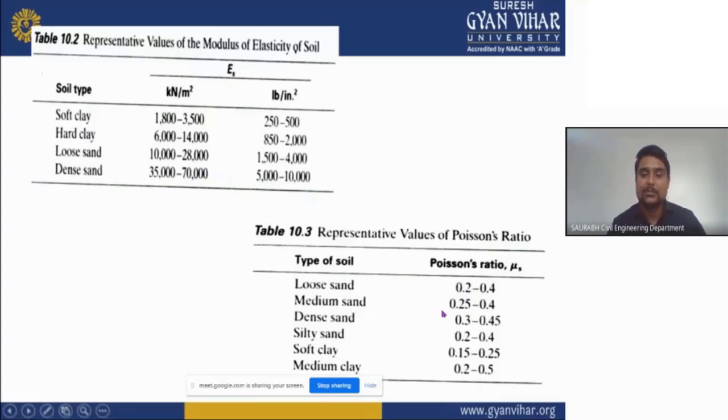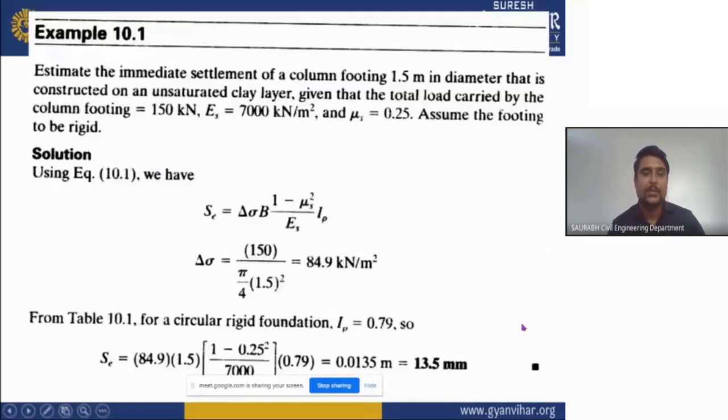Poisson ratio of medium sand will be 0.25 to 0.4, and the Poisson ratio of dense sand will be 0.3 to 0.45, and silty sand will be 0.2 to 0.4. Soft clay will be 0.15 to 0.25. And last, we will see the Poisson ratio of medium clay, which is approx 0.2 to 0.5.